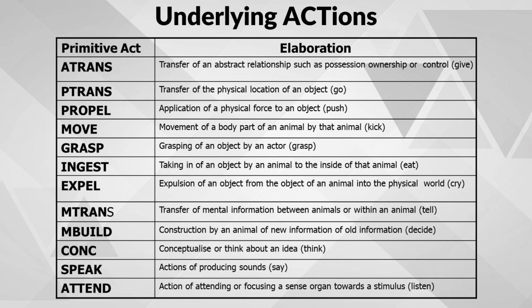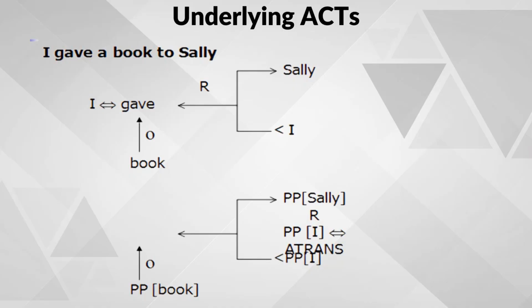Each act's elaboration provides further context and explanation for how it relates to the conceptual understanding of language. In conceptual dependency, the sentence "I gave a book to Shelley" comprises the underlying act of give, with I as the agent initiating the action, book as the object being transferred, and Shelley as the recipient receiving the transfer.